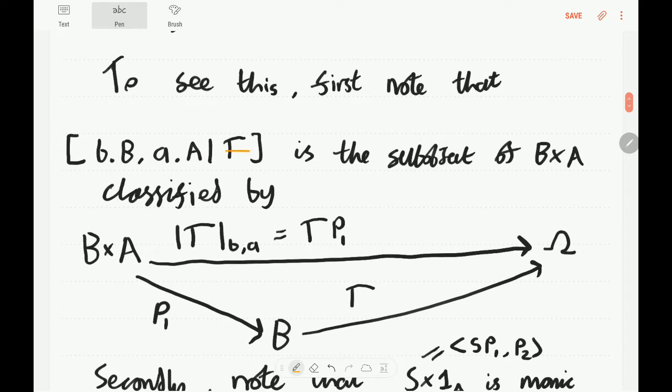Well, this is going to be the sub-object classified by the interpretation of gamma over B and A. Now, gamma just depends on B, so when we do this interpretation, we want to put a first projection in here, because this is a term which just has a free variable B, but we're interpreting it over B and A, so we want to do the first projection to grab the B. Okay, so in other words, the interpretation of gamma over B and A is gamma after the first projection.